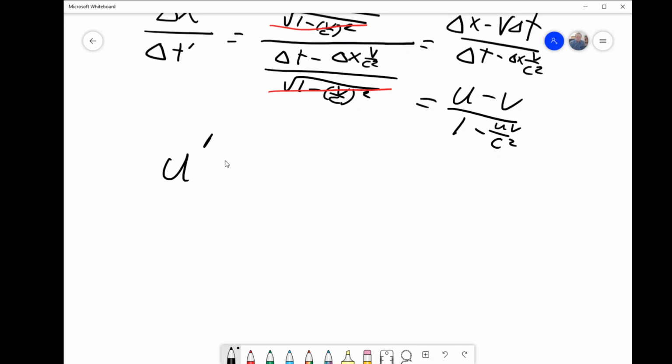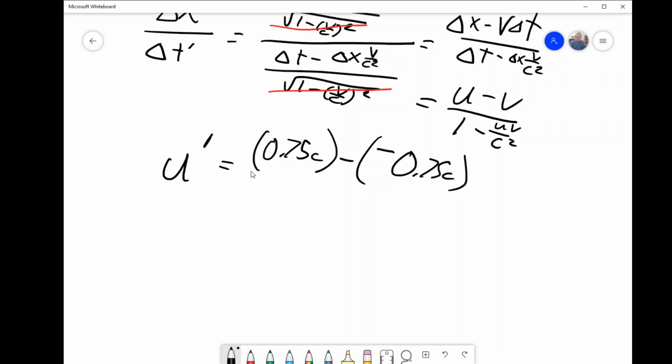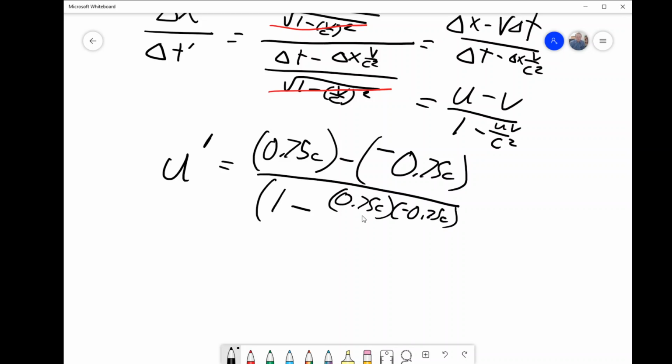So our pilot, who's moving to the left at 3/4 light speed, is going to be measuring something that we see as 0.5 c. That pilot is moving at negative 0.75 c. And this is going to be over 1 minus 0.75 c times a negative 0.75 c all over c squared.